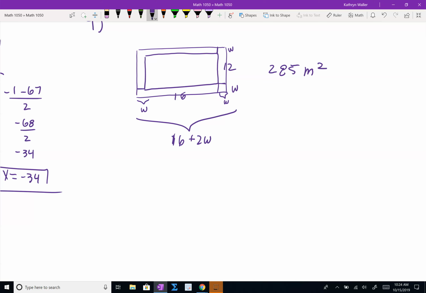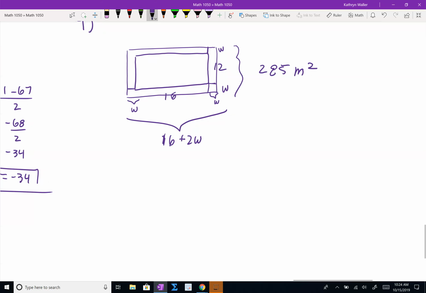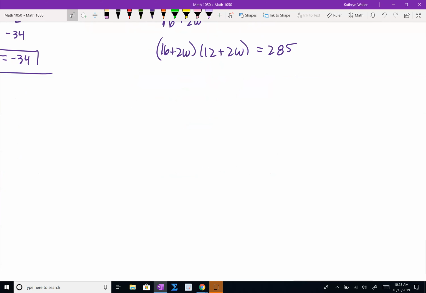Okay, so the other side right here is going to be what, everybody? Come on. 12 plus 2W. So if I take the 16 plus 2W and multiply it by the 12 plus 2W, that's supposed to be the total area, which is 285. Okay, so I'm sure you guys can do this from here, but I'll just keep doing it with you.